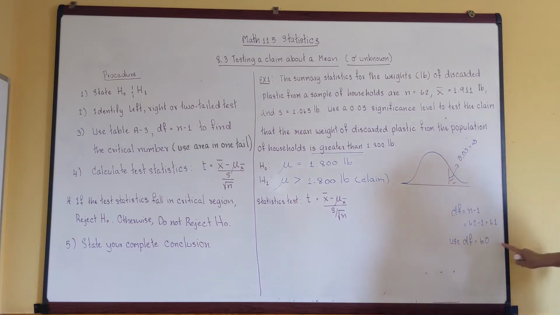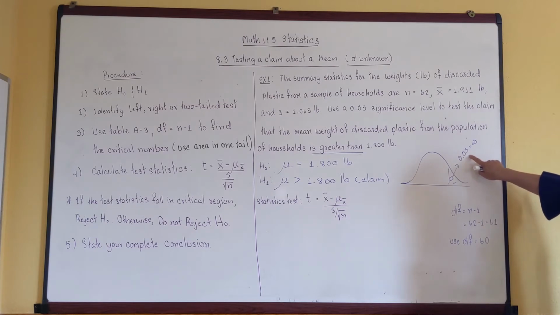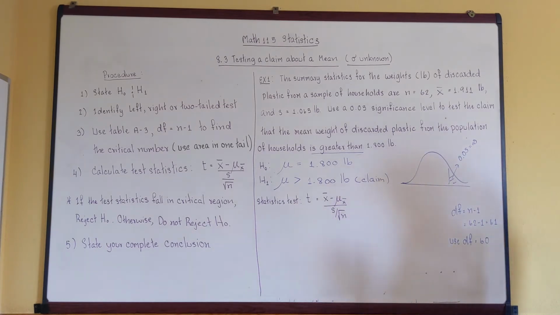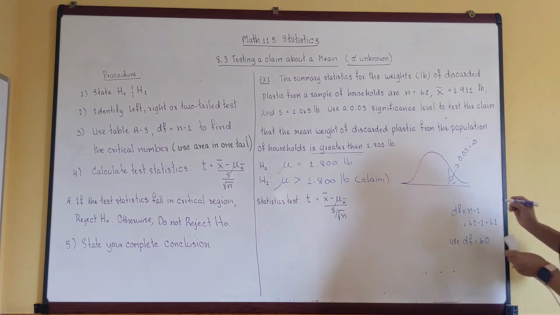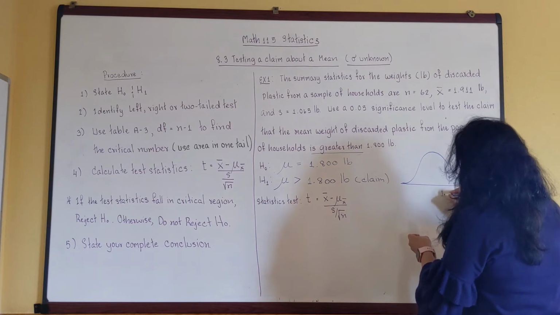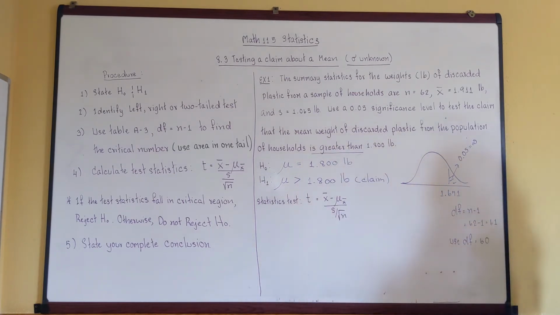Then if you look at degree of freedom 60 and alpha 0.05 on area in 1 tail, remember, table A3 gives you the shaded area to the right. Your critical number is 1.671.